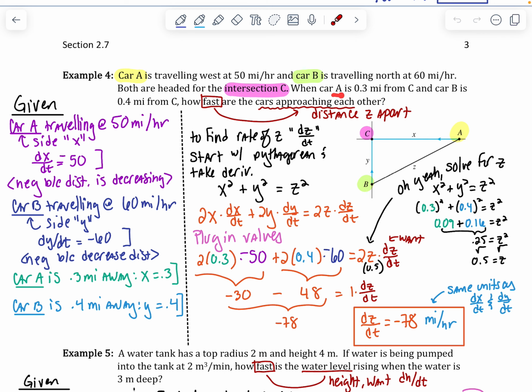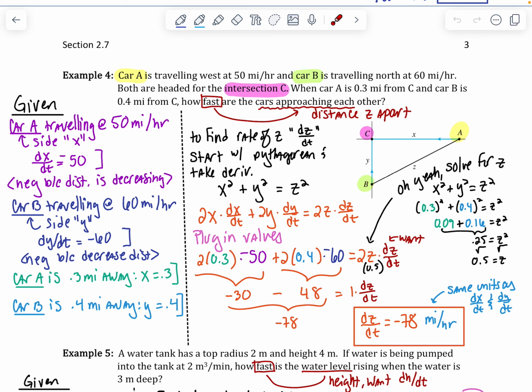The problem then goes on to tell us that car A is 0.3 miles from C, so we can now state that x is 0.3. Car B is 0.4 miles from C, so we can now state y is 0.4.